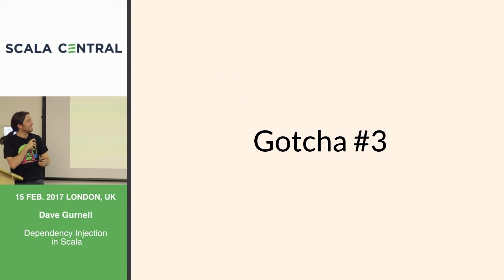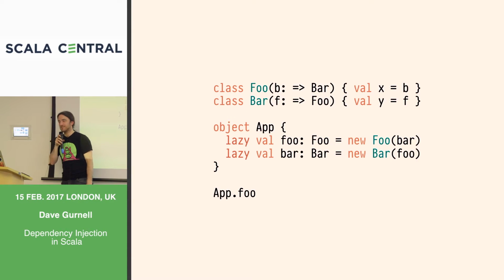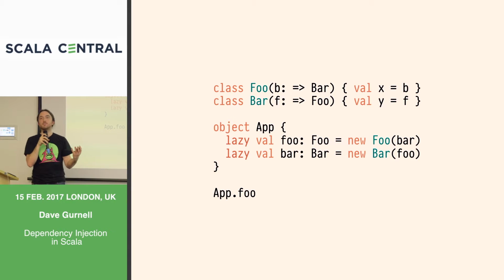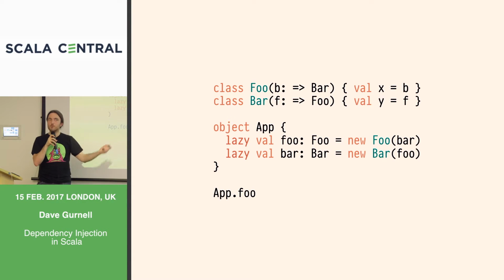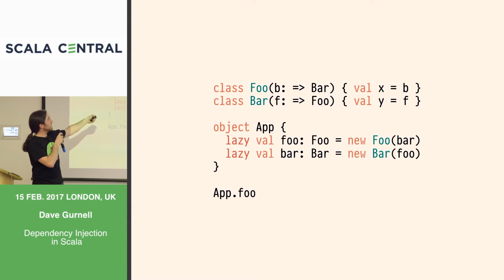Until we do something like this. Because it's really tempting. You've got these by name parameters, you've built these modules. Okay, great. And now I'm going to use these things. So here I've got two vals, and they are basically references to the things either side. So now when we construct this thing, we're going to have a by name parameter here. This is lazy.